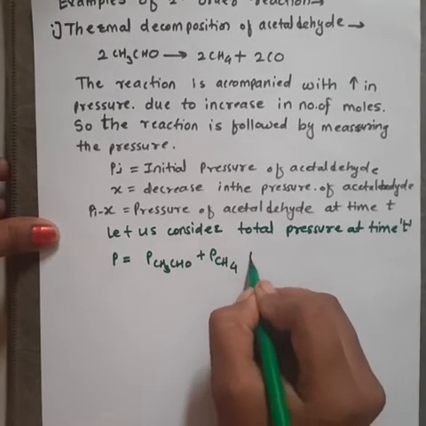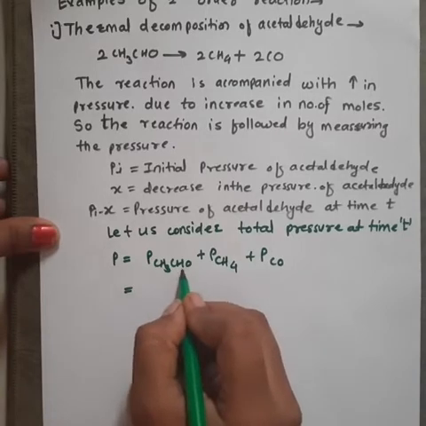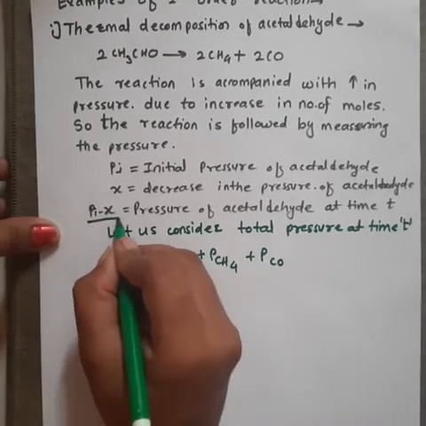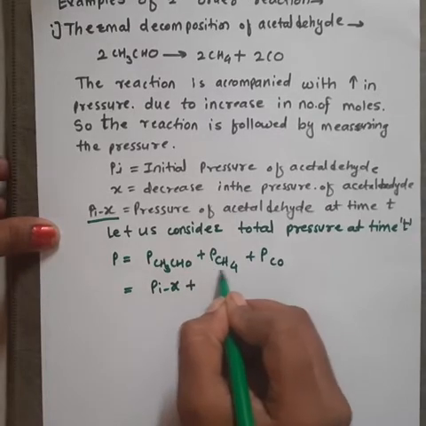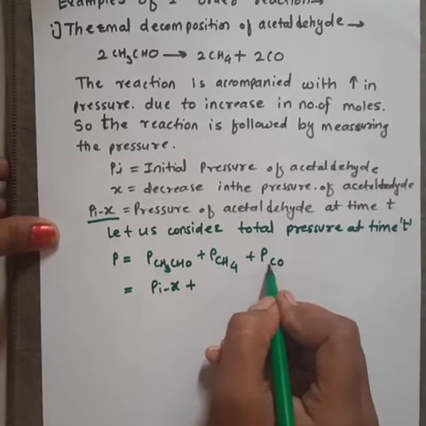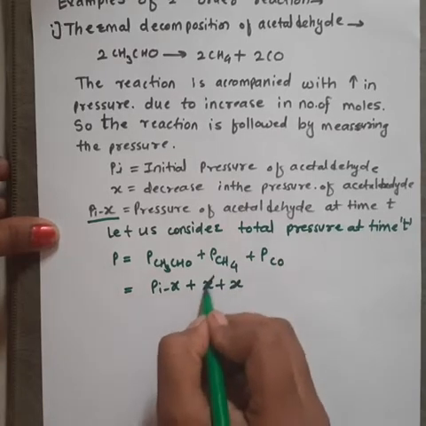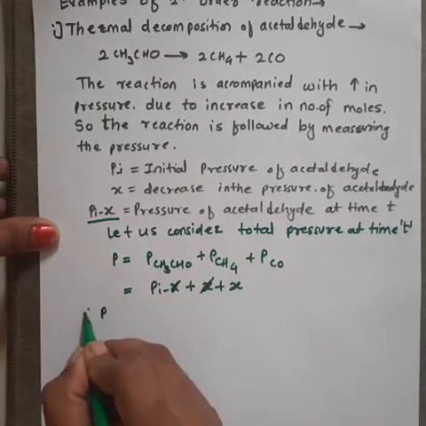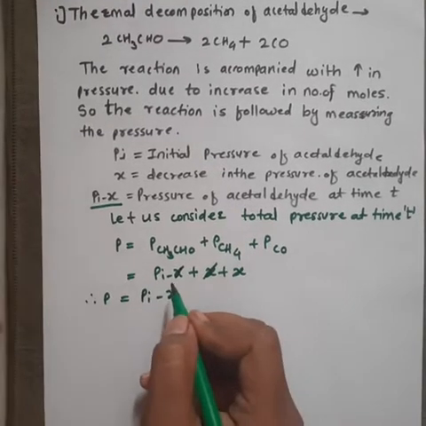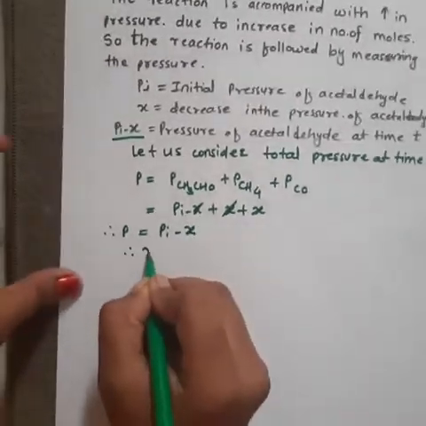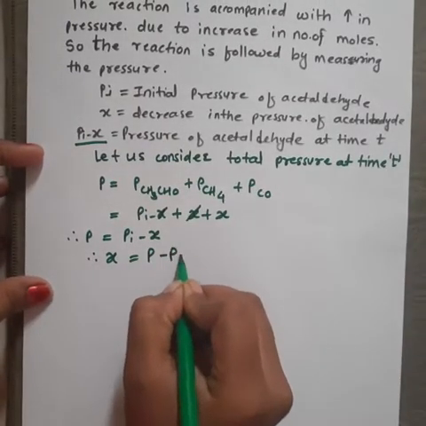Pressure of methane plus pressure of carbon monoxide. Here the pressure of acetaldehyde is Pi minus x, and the pressure of methane and of carbon monoxide is x each. So this x gets cancelled, therefore P is equal to Pi plus x. Therefore x is equal to P minus Pi.